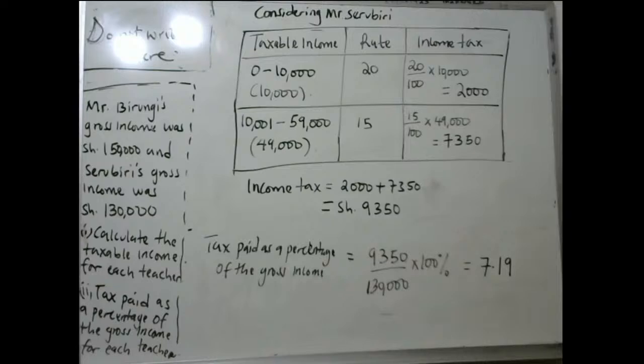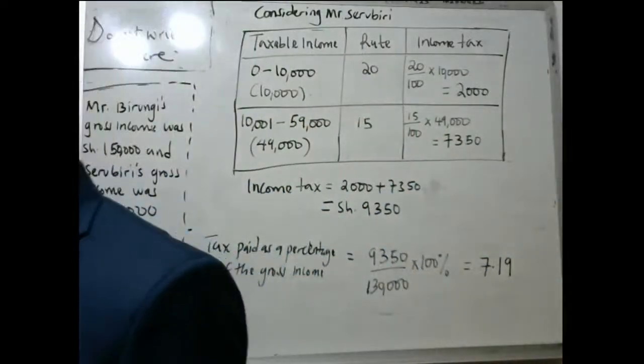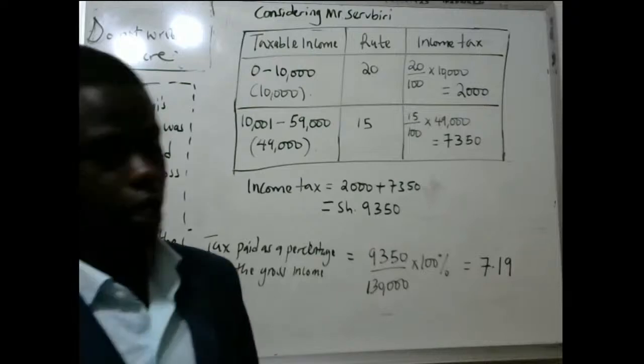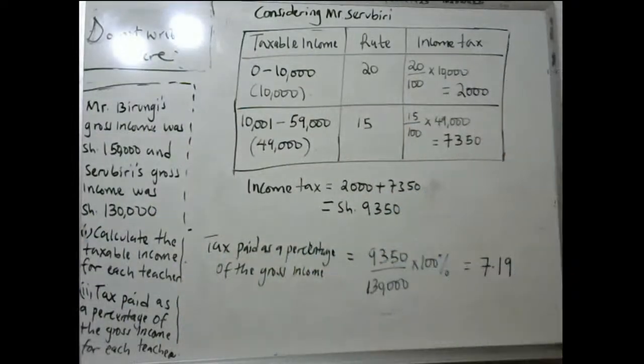Have you tried to divide? Seven point one, 9, 7.19.